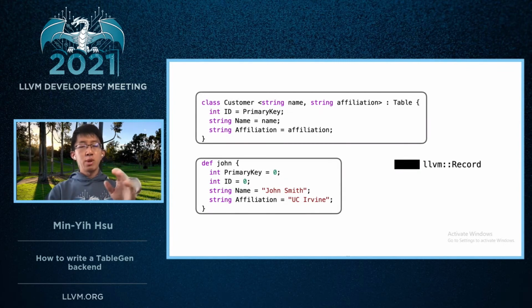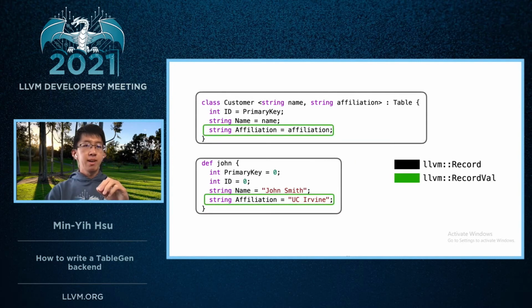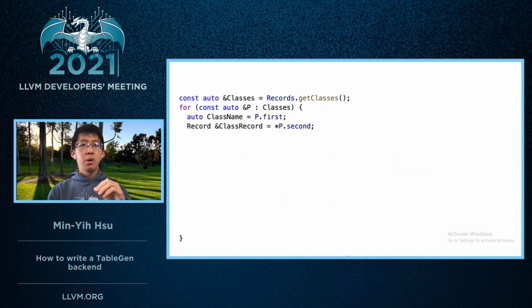Both of them are represented by LLVM Records, as mentioned before. On the other hand, each field is represented by the LLVM RecordVal class. So let's go back to the code. Now, for each TableGen class, we have its name and the corresponding record object. First, we only care about TableGen classes that are derived from the Table class.